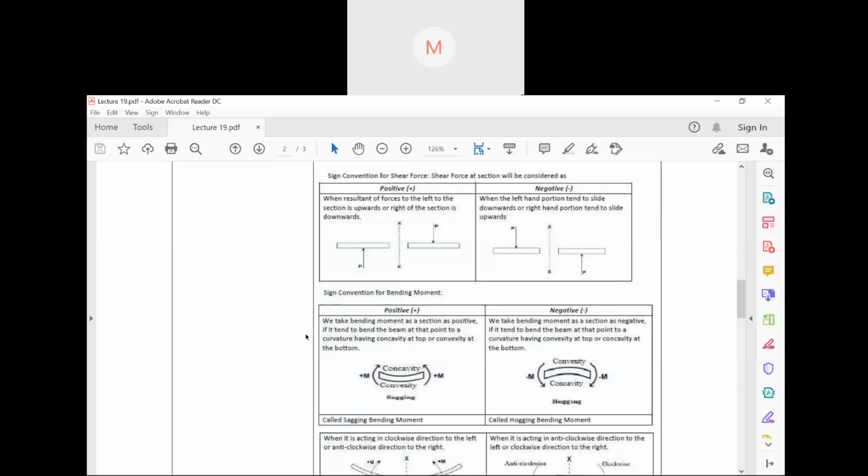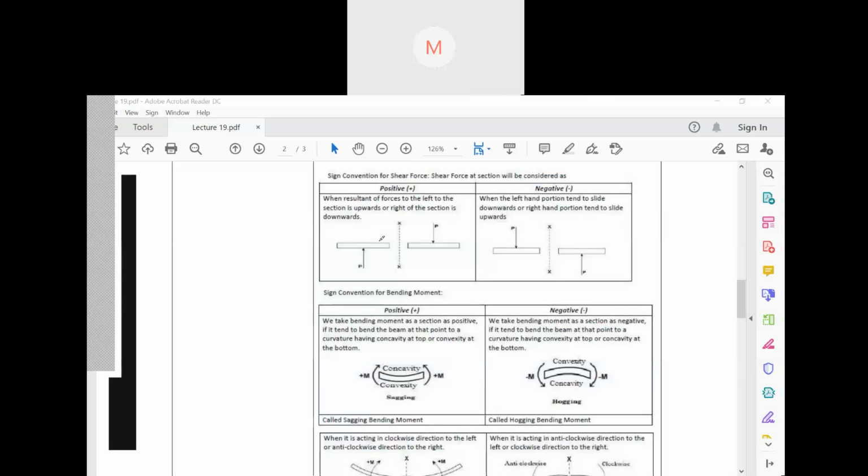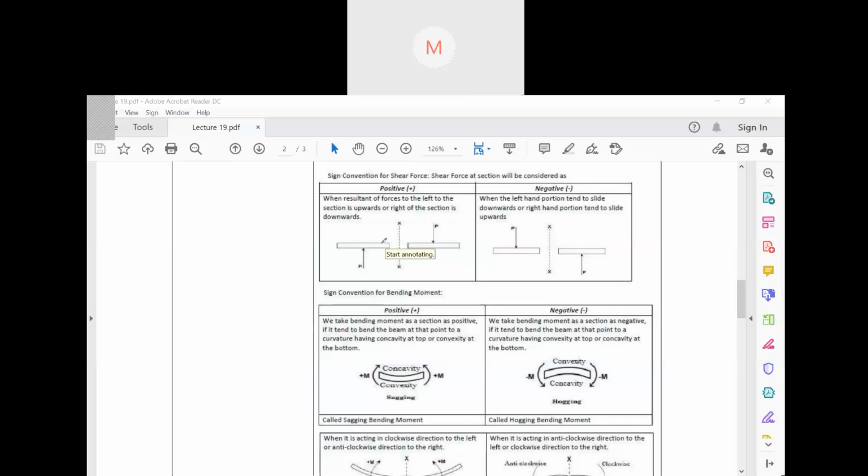Now look, suppose this is the beam. In this beam we consider one section. That means we basically cut the beam into half, as shown in the figure.